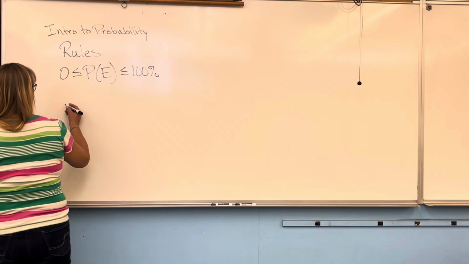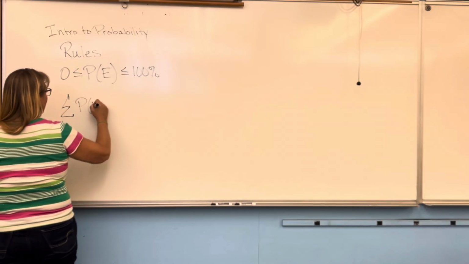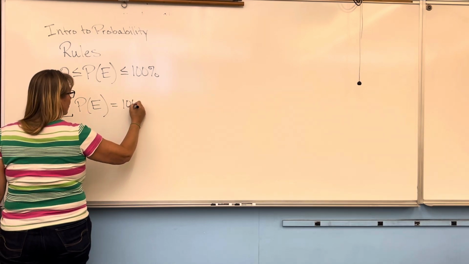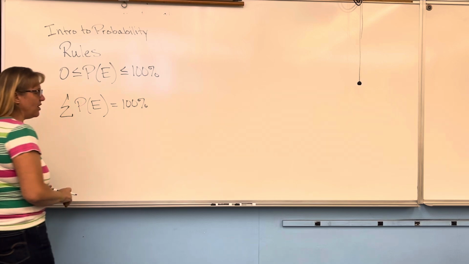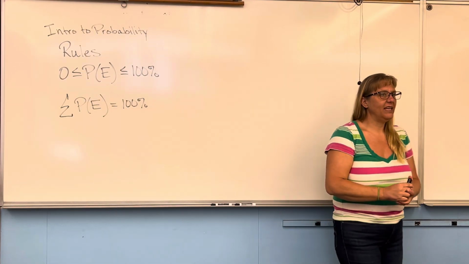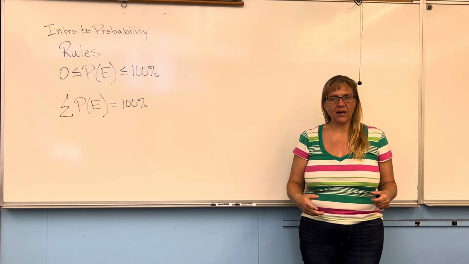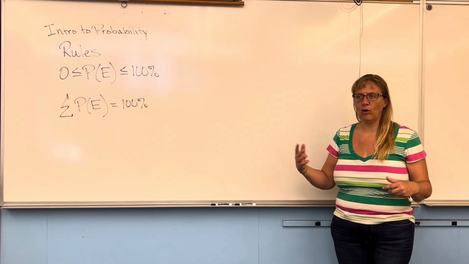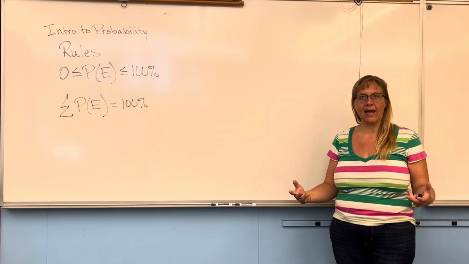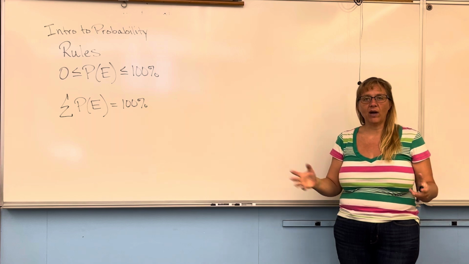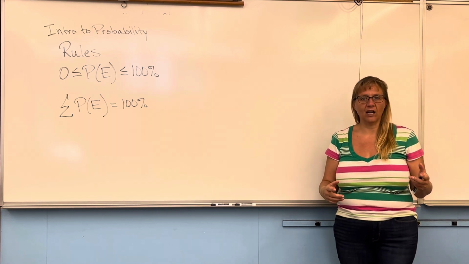The next rule says that the sum of all of the probabilities in an experiment is equal to 100%. And what that means basically is, if you're going to do an experiment, you're going to get an outcome. So if you use all of the events in the sample space and you add them all together, the probability is 100%.